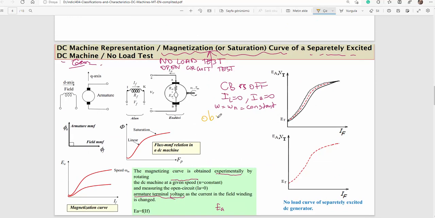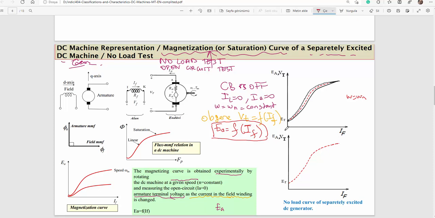Observe VT with respect to field current. I mean induced EMF as a function of field current. That is called the no load test or magnetization curve. Okay, we keep speed constant.